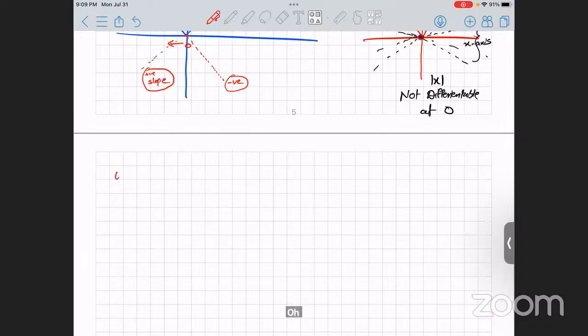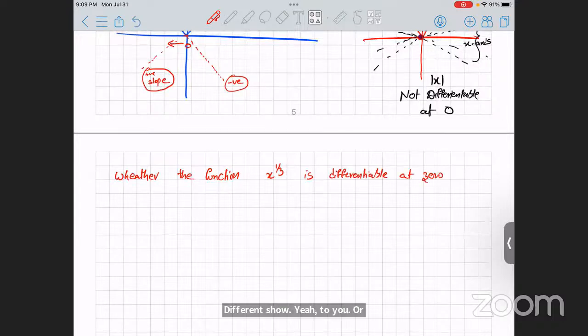Whether the function x power 1/3 is differentiable at 0 or not. I want to check your understanding.